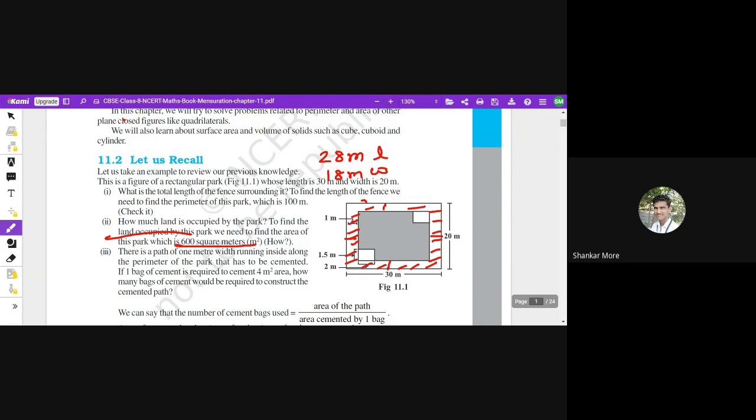Or is it 28? I think it should be 24। 24 ही है। 96 को अगर आप 4 से डिवाइड करते हो, so it is going to be 24 itself। Now, there is no chance of 28, correct?